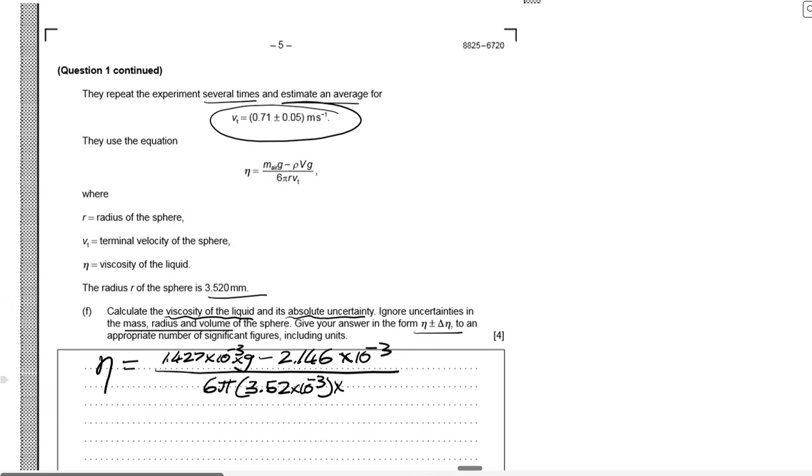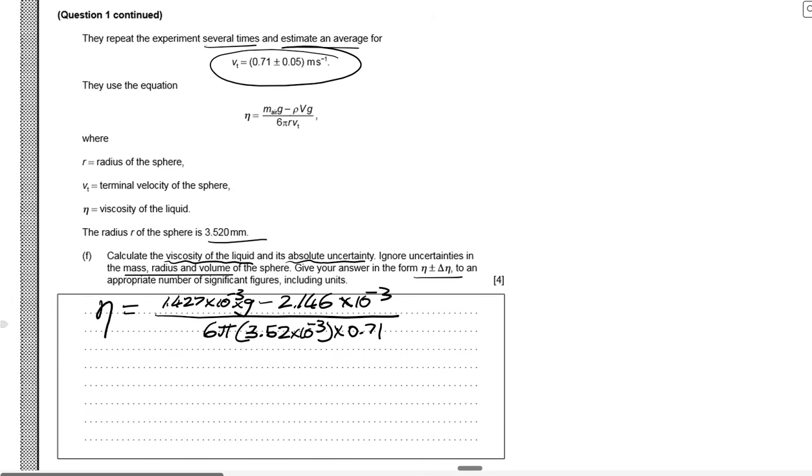And times our v is just 0.71. So we can calculate that. And I have 1.427 times 10 to the negative 3 times 9.8 minus 2.146 times 10 to the negative 3, divided by 6 pi times 3.52 times 10 to the power of negative 3, and that is times 0.71.